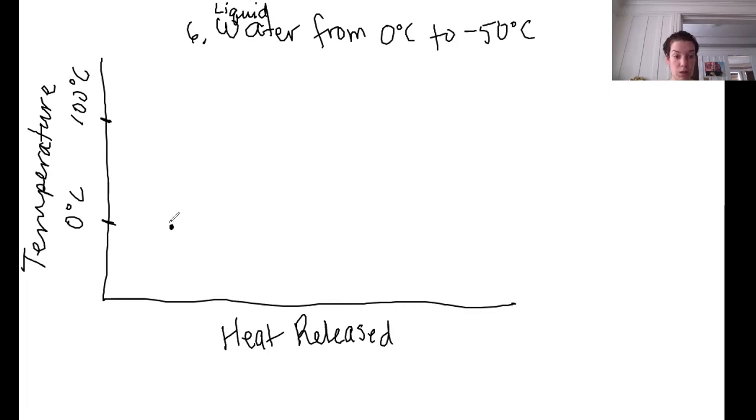So I know I'm going to be starting before the plateau. I'm going to have to go through the plateau before I can get to the point where it's all solid, and then it can cool off to negative 50. So I'm starting at 0, plateau, all solid, and now my solid can cool off until it hits negative 50.